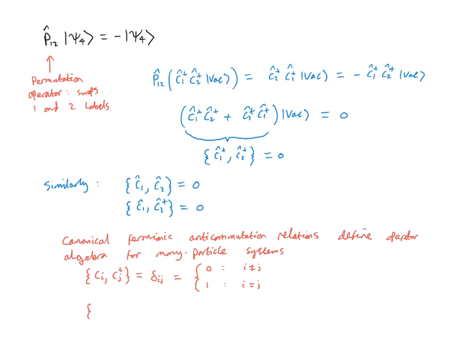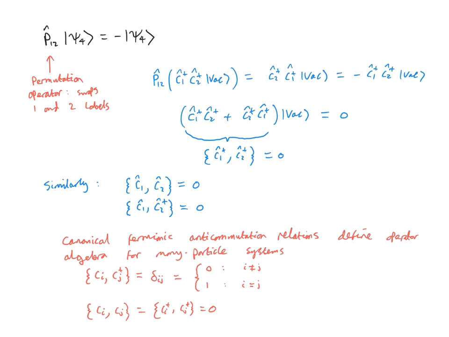And then we have that the anti-commutator of Ci with Cj, or the anti-commutator of Ci dagger with Cj dagger, are equal to 0. And together these define the fermionic operator algebra.